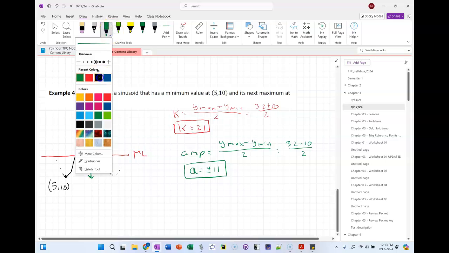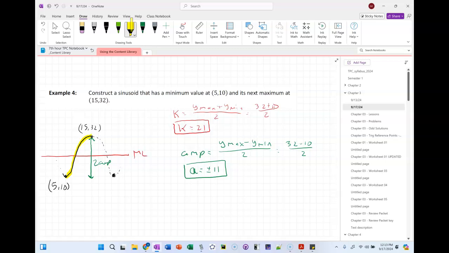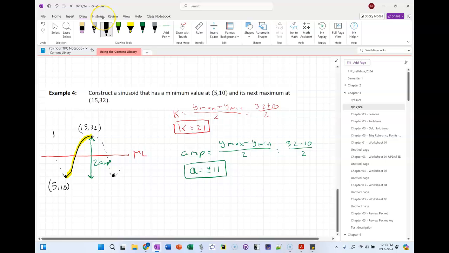So far, so good. Let's look at this picture here. So how much of a cycle does it look like this part in yellow that I've highlighted is? How much of a cycle does that appear to be? Looks like half a cycle, right?